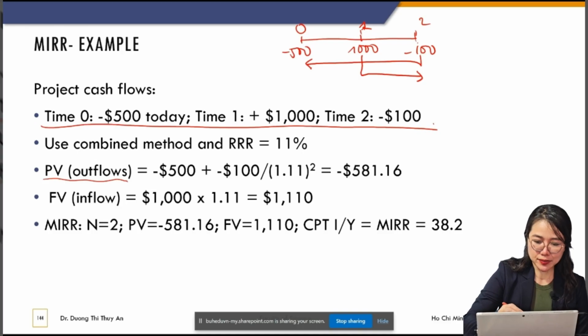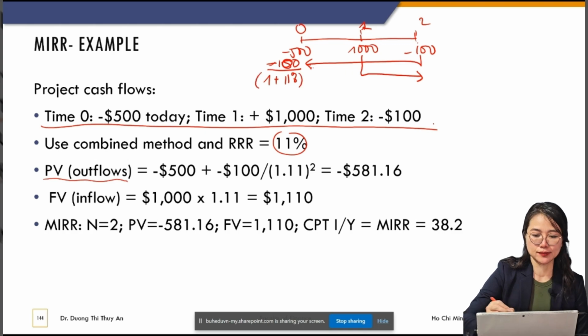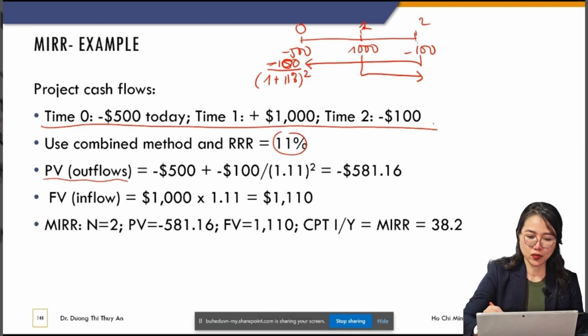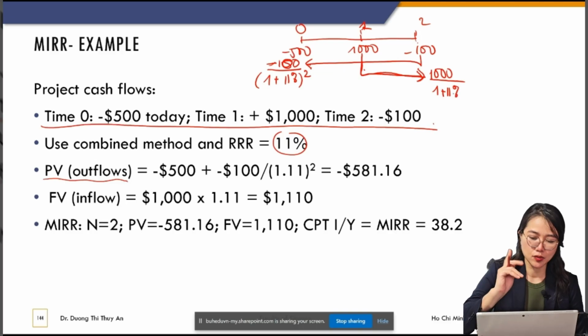So $100 here brought to the present becomes $100 divided by 1 plus the discount rate of 11%, to the power of 2. And 1,000 here, when we bring it to the future, becomes 1,000 divided by 1 plus 11%. Okay, only one period.